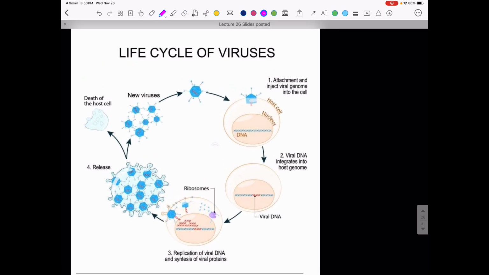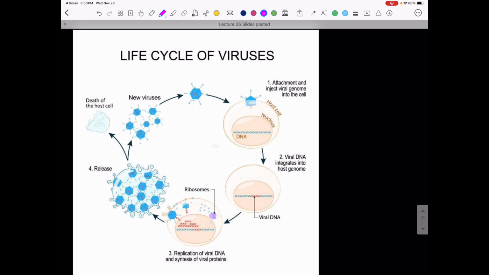Now, most of the viruses, as I said, need a host in order to become active or viable. So the viruses enter into the host cell by attaching to the cell membrane. And at that point, the virus coat is going to stay outside.